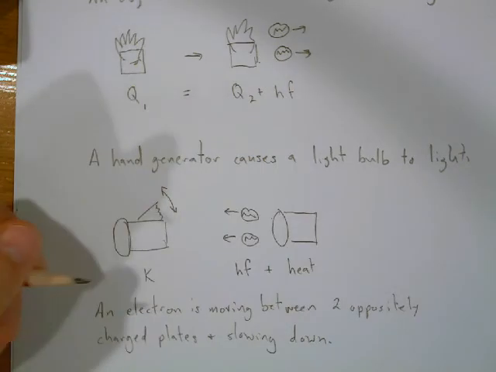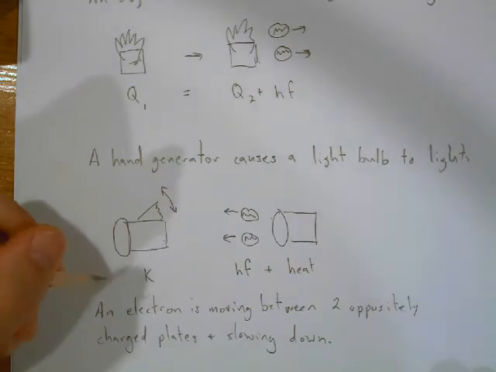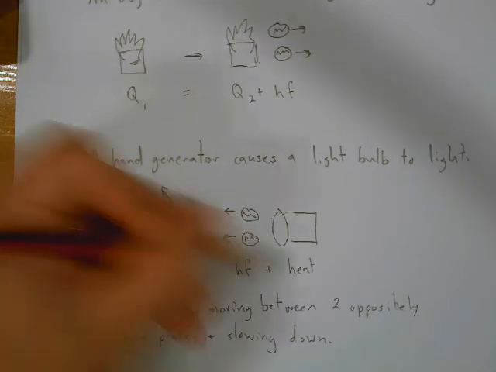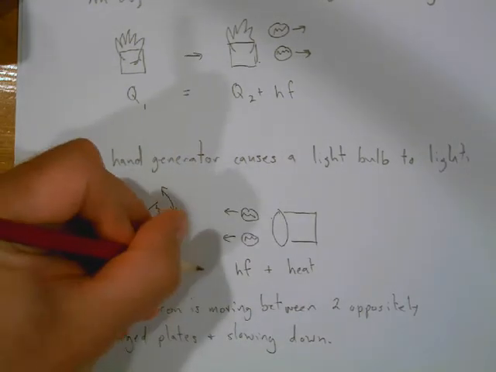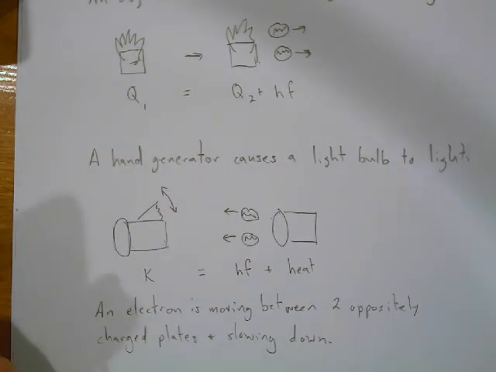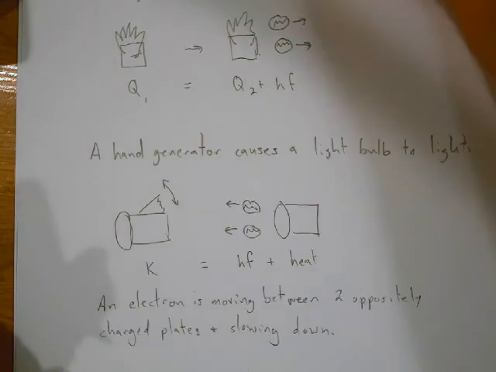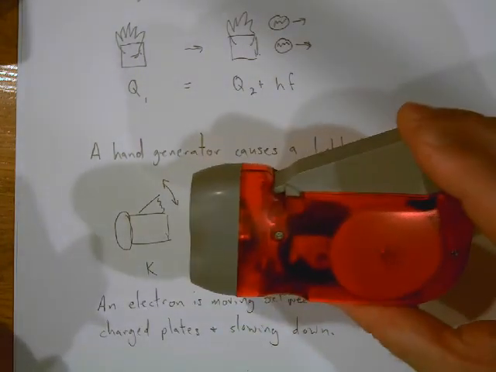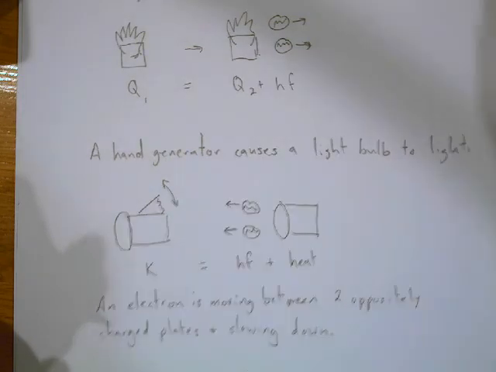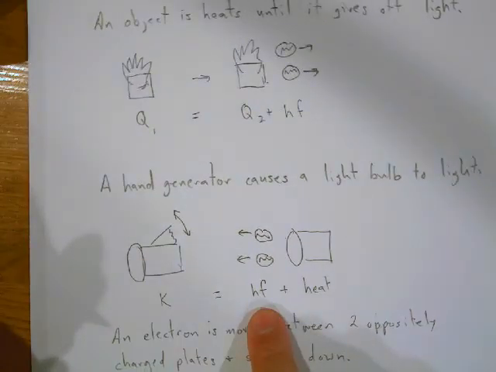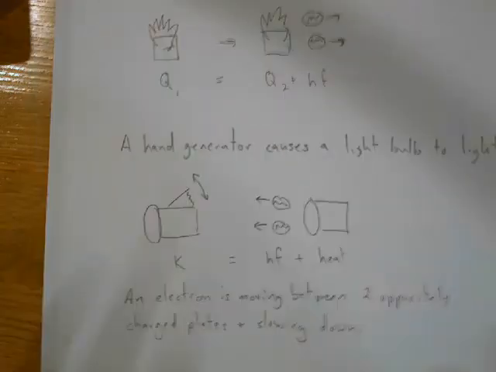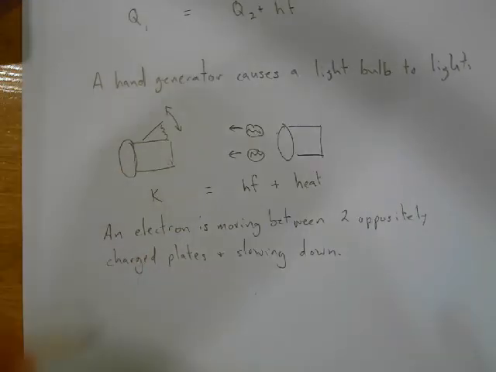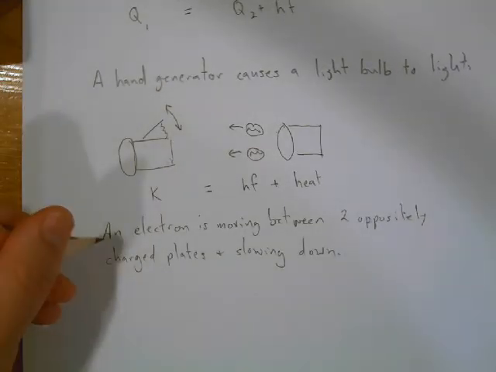We could call it Q, but it's usually when you add heat that you get Q. So if it's wasted heat, I'm just going to call this heat. If it was a perfect generator and there is no friction or anything else in this, then it would just be K equals HF. Okay, for kinetic.